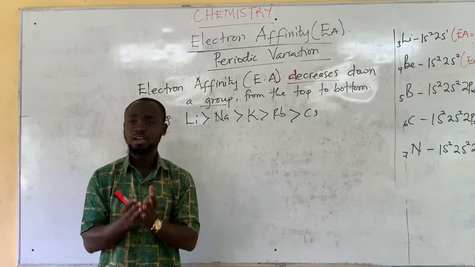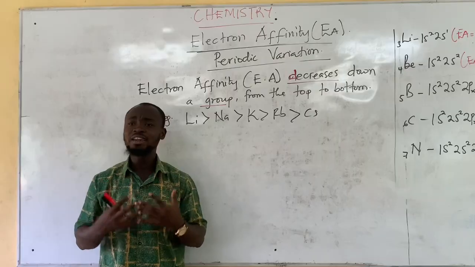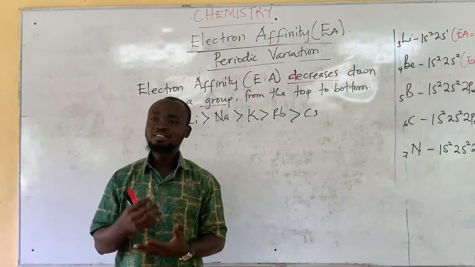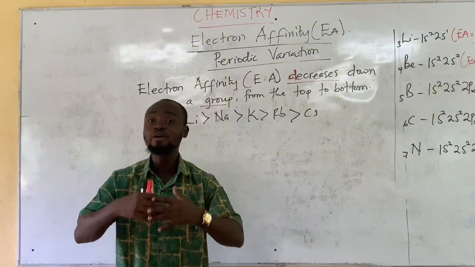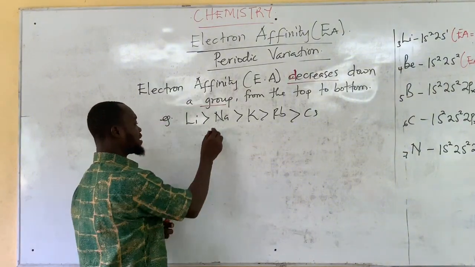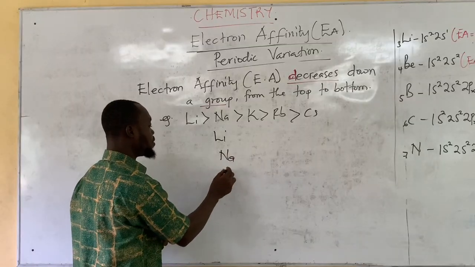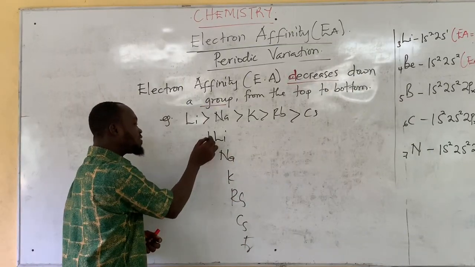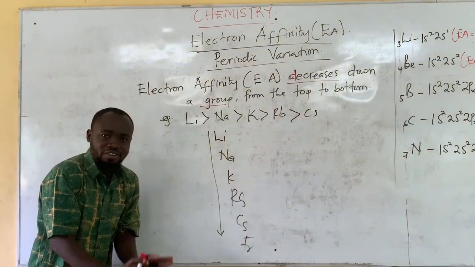And one gentleman that will help me accommodate that electron is effective nuclear attraction. And effective nuclear attraction is very low once I'm moving down the group. So once I take lithium, sodium, potassium, rubidium, cesium, and then francium, effective nuclear attraction decreases.